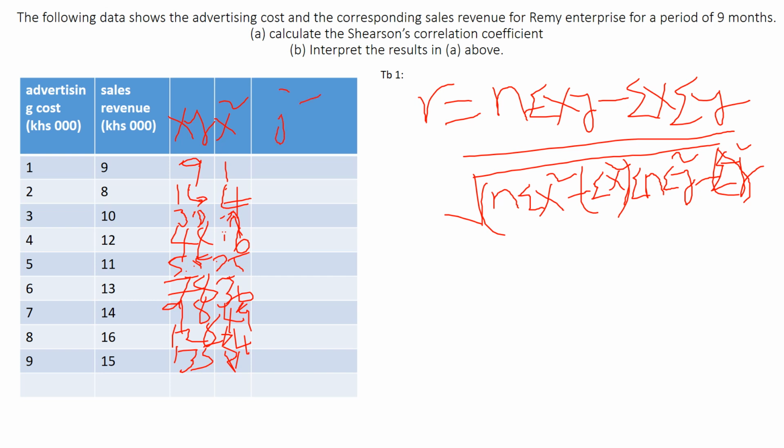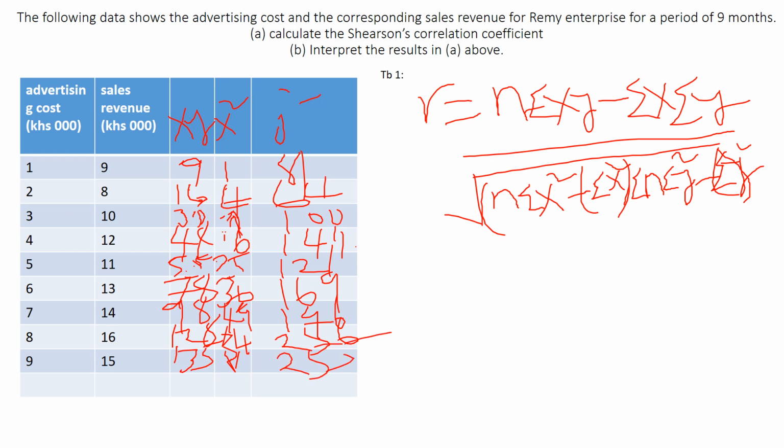For us to get y squared, we know that 9 multiplied by 9 gives us 81, and also we have 8 multiplied by 8, which gives us 64, and then we have 10 squared, which is equal to 100, and then 12 squared, 144, and then 11 squared, which gives us 121, and then 13 squared, which gives us 169, and then 14 squared, which gives us 196, and then 16 squared, which gives us 256, and then 15 squared, which gives us 225. So from here now we can get the totals.